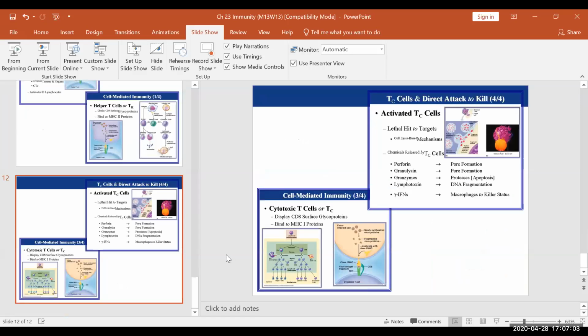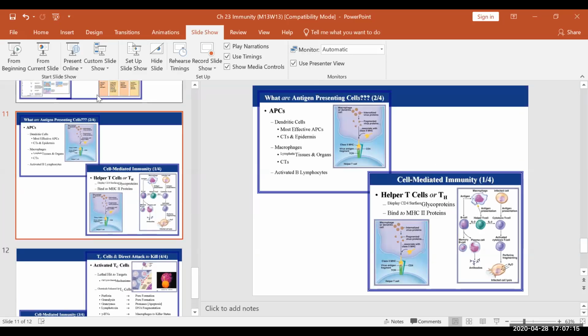So moving on to the last slide. We have here cytotoxic T cells, and this is important. Going back, let me see if I go to the previous one. If you look at the helper T cells, you have the TCR, which stands for T cell receptor. That T cell receptor has another surface protein called CD4. So the TCR and CD4 interact with class 2 MHC and the antigen, the peptide.